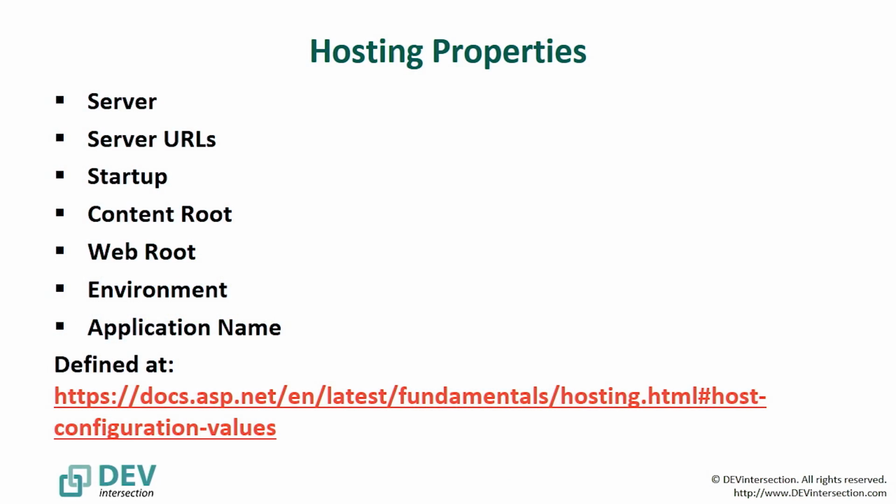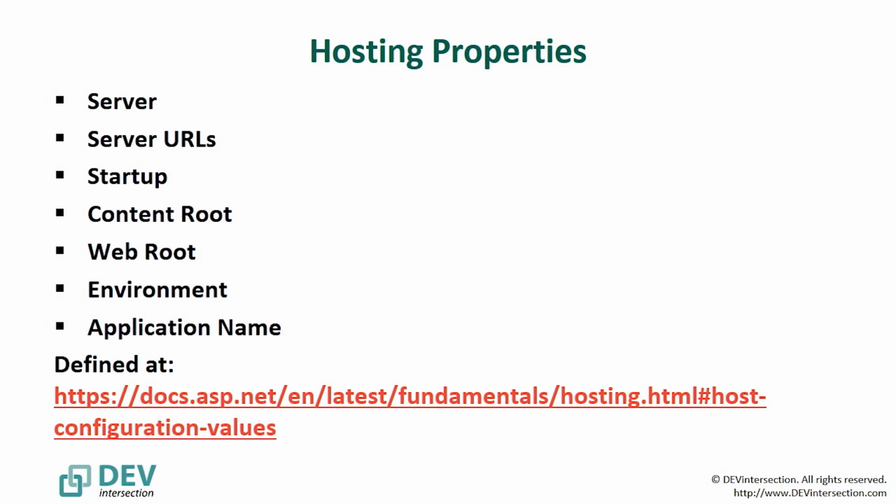There's not really a reason to change that, but that property is hanging out there if you want to inspect it, okay, and do some work with it. So there's a full list of the configuration values out here at this address. So I left it there so you can click on it and go through it on your own time later. So let's take a look at hosting and some of the things that we can do to configure and run our application.